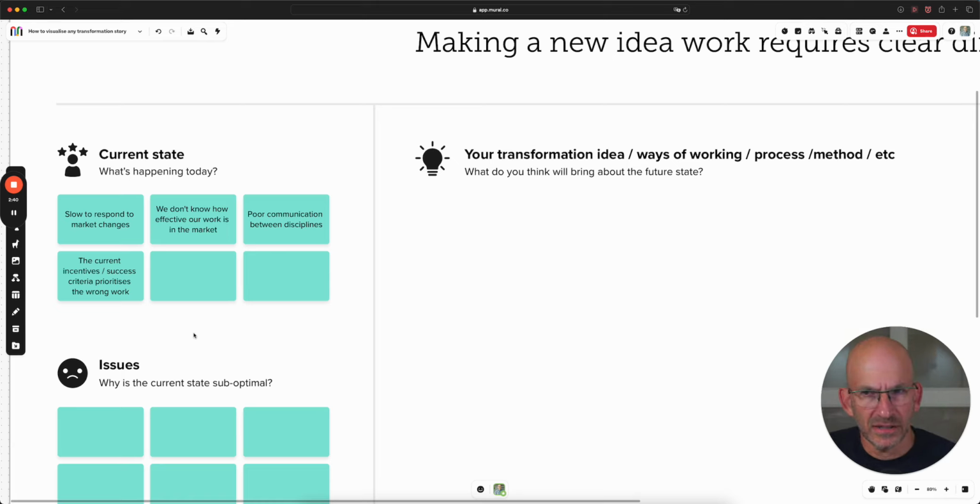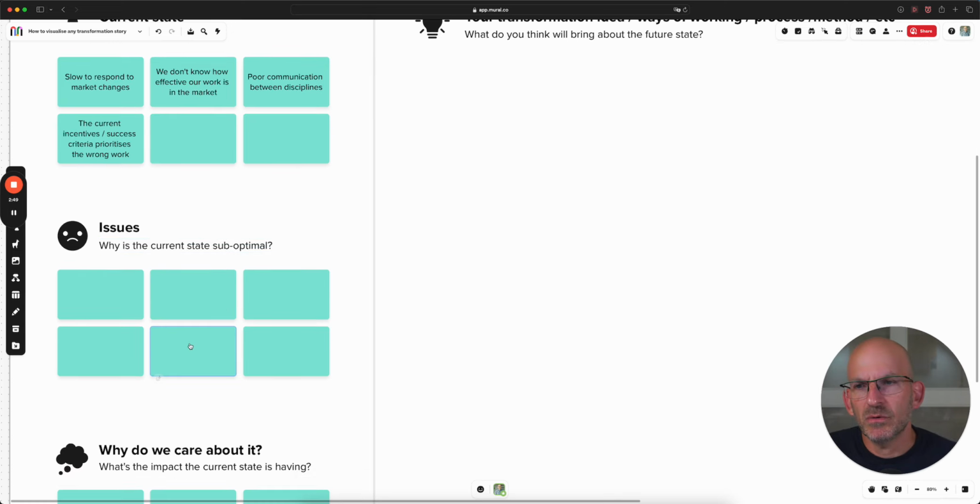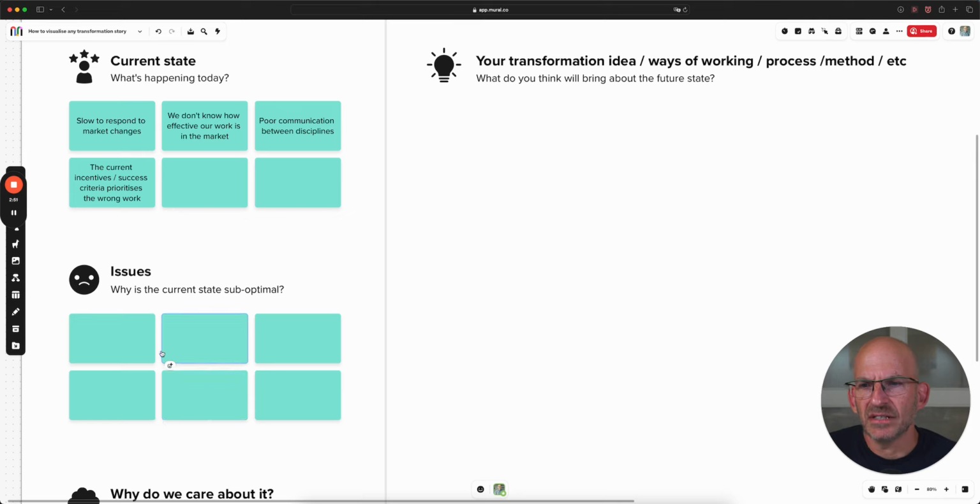And as we start to identify those things, we start to ground our conversation in: today's state is suboptimal. And then we want to talk about, okay, great, that's what's happening today, but why is that suboptimal? Why do we care about that? Well, we care about that because our competition always gets to market ahead of us.